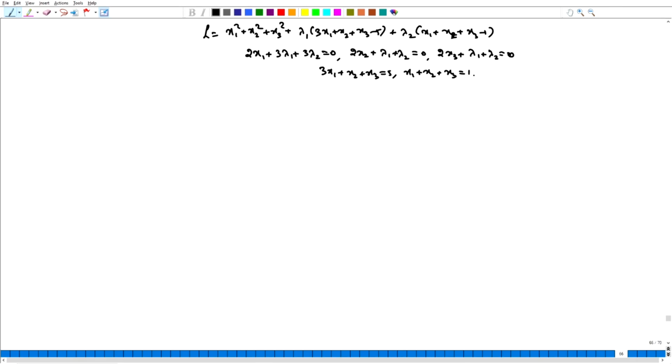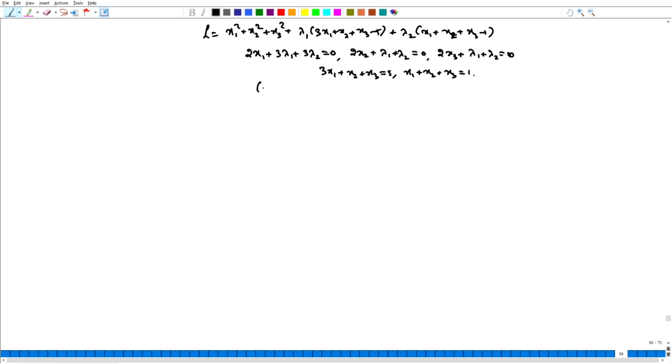Of course, I am not going to solve them here, but it is much simpler than you think. Because you have conditions like this where you can easily find that by subtracting these two, you have 2x1 is equal to 4.